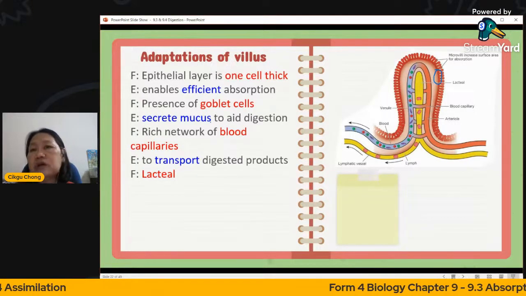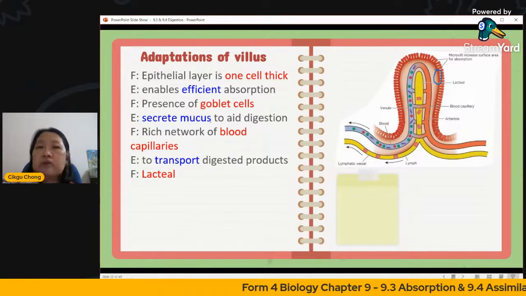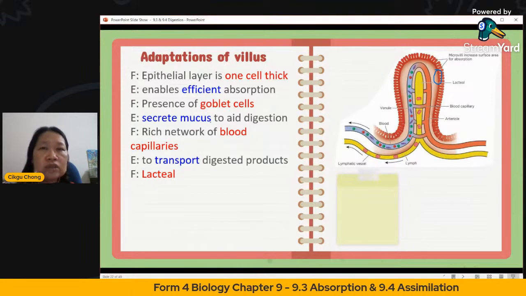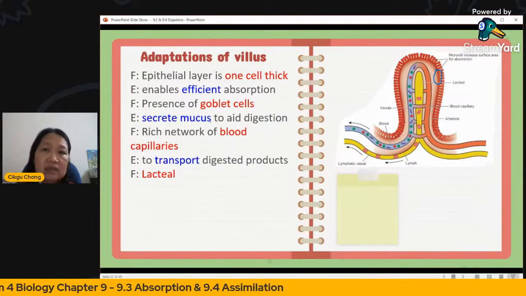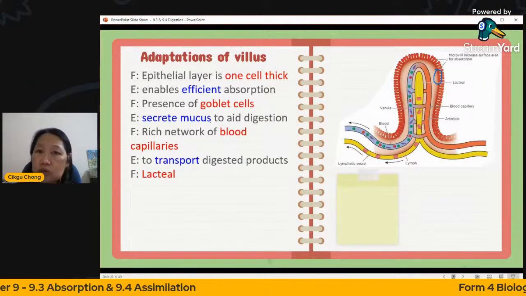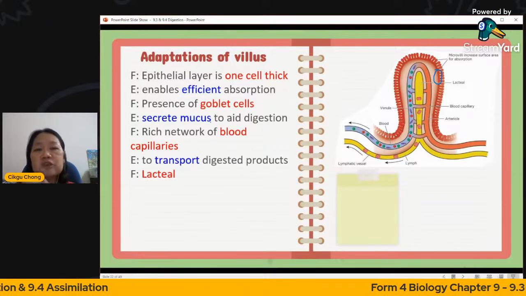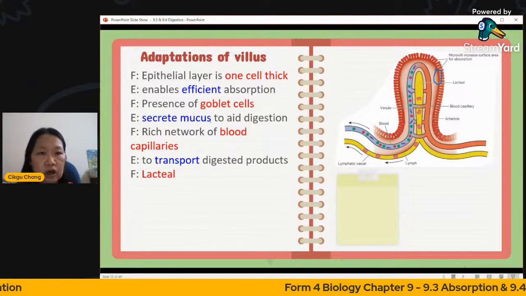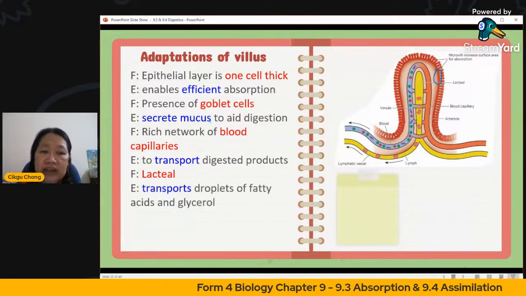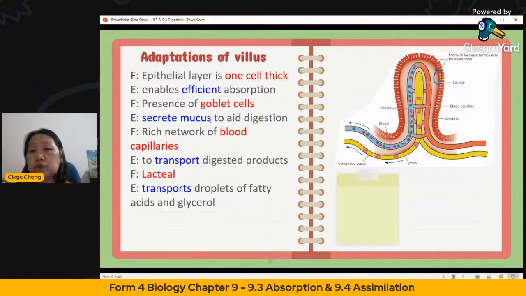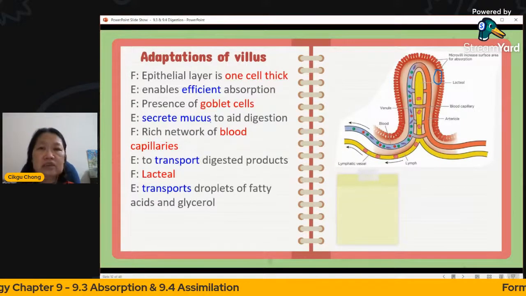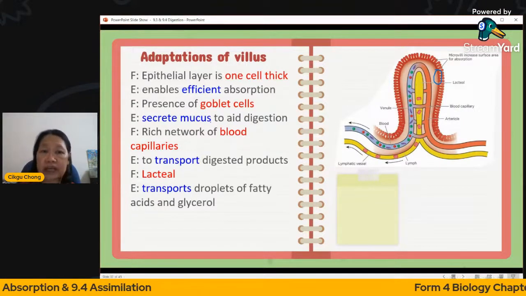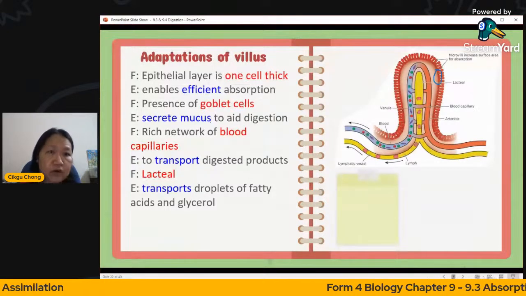The blood capillary will absorb water-soluble substances like vitamin B and C, amino acids, glucose, and so on. So the lacteal is to absorb fatty acids and glycerol, and also vitamins A, D, E, and K, because it's a system that transports them away.